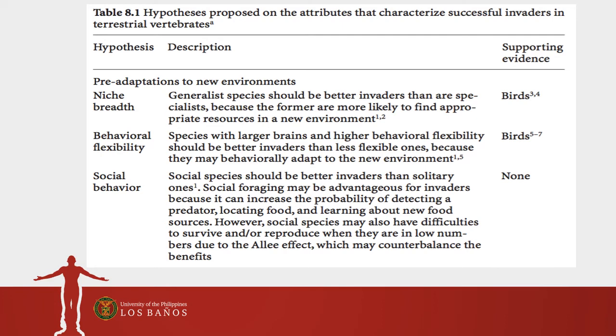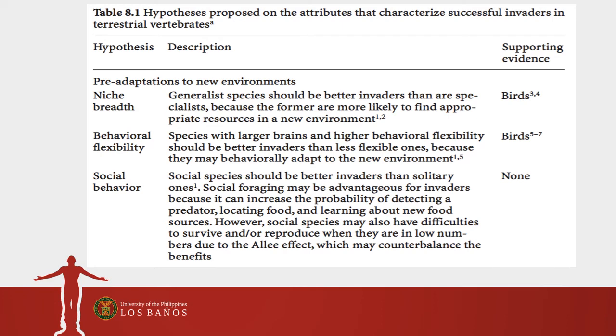Another is behavioral flexibility. Species with larger brains and higher behavioral flexibility should be better invaders than less flexible ones, because they may behaviorally adapt to the new environment. Another one is social behavior. Social species should be better invaders than solitary ones.